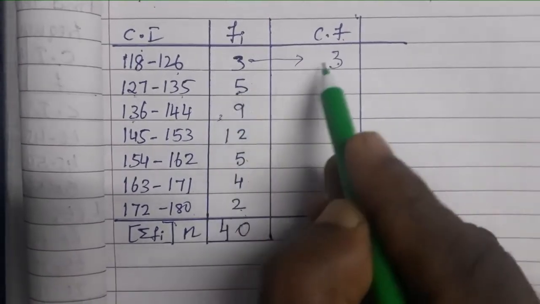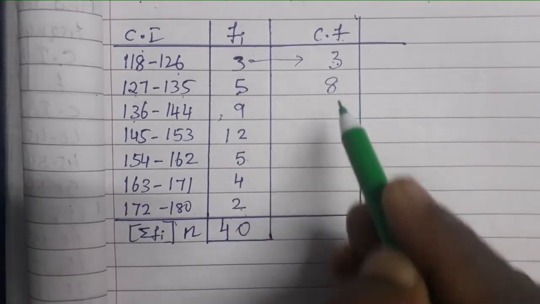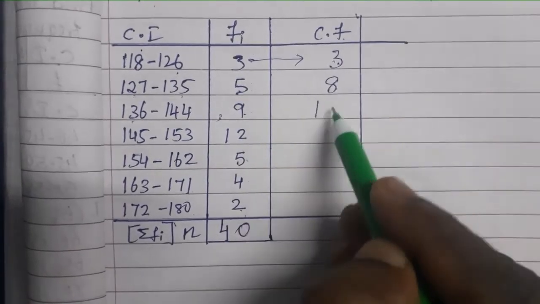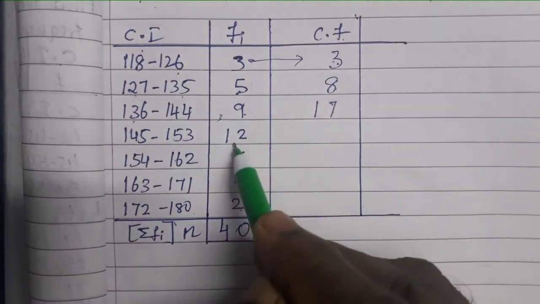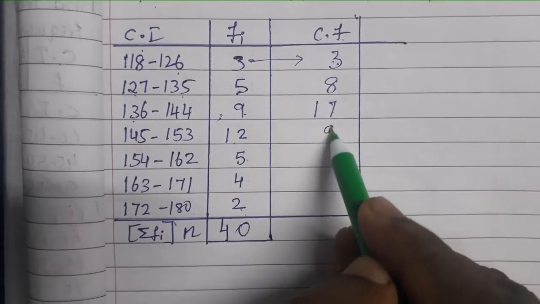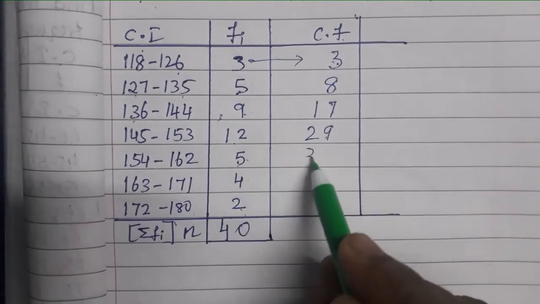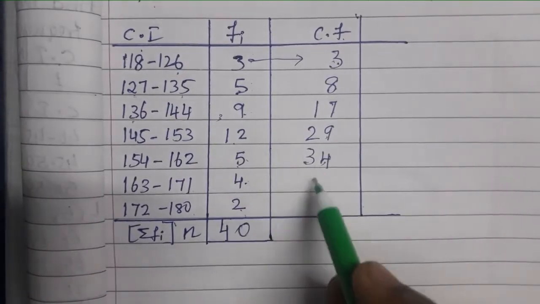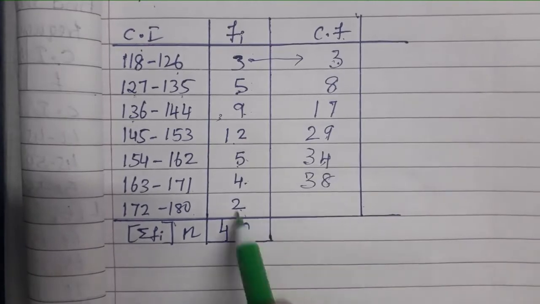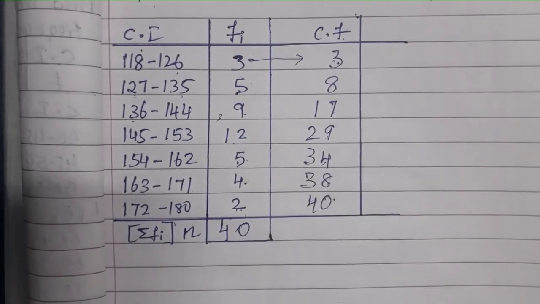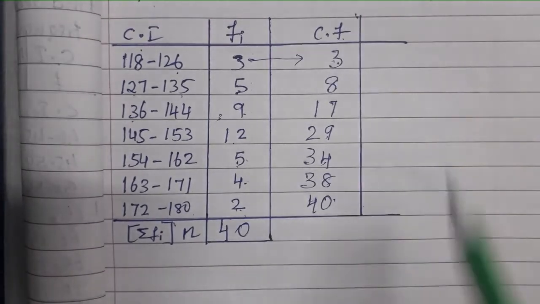For 3 you will add 5. 3 plus 5, 8. 8 plus 9, 17. 17 plus 12 is 29. 29 plus 5 is 34. 34 plus 4, 38. 38 plus 2, 40. So cumulative frequency column is also ready.